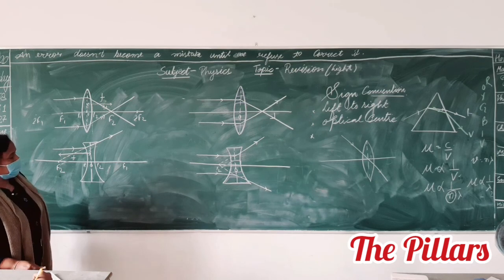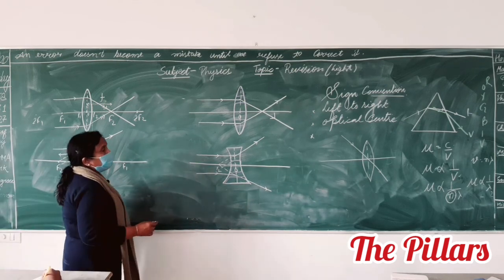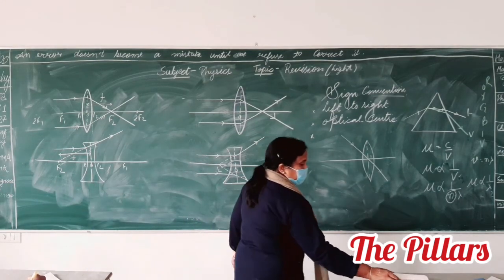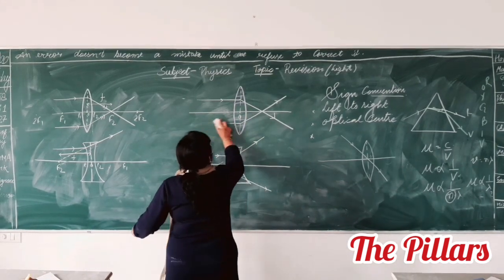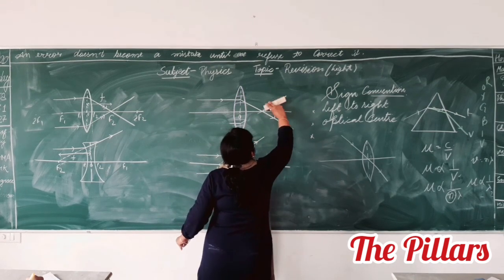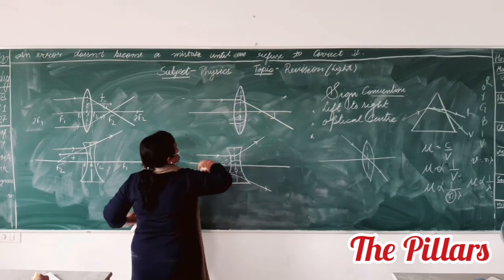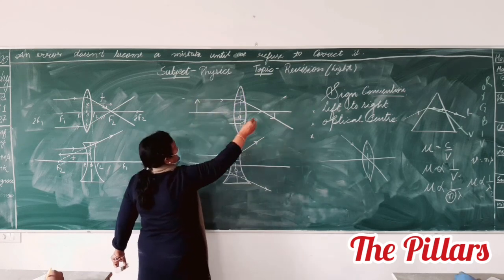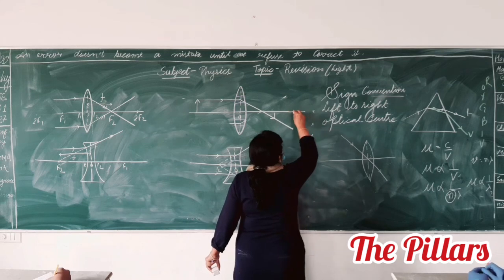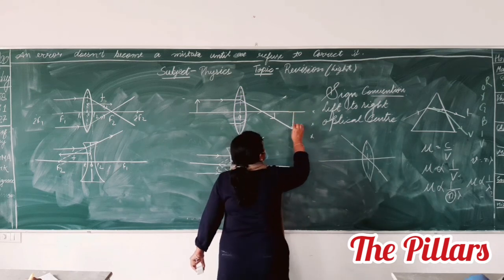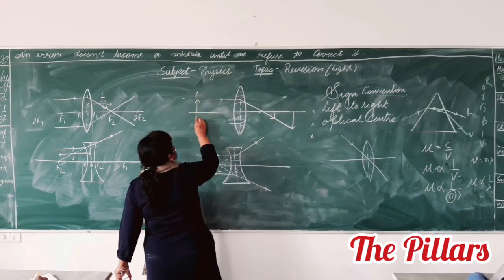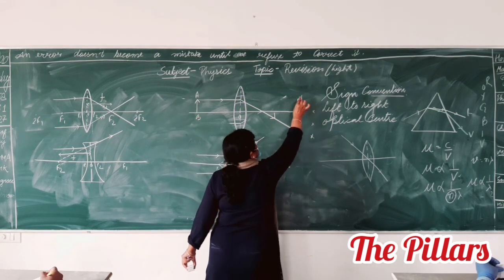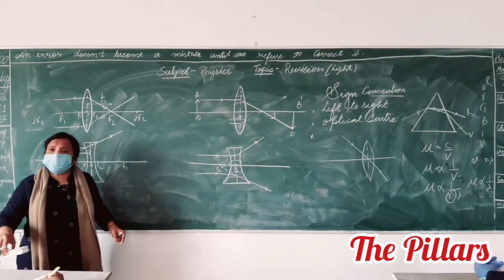Now, please see. Where is the duster? Suppose this is the object AB and this is the image formed of this object. Look onto the board please, all of you.